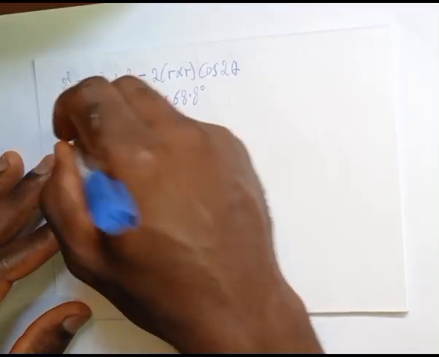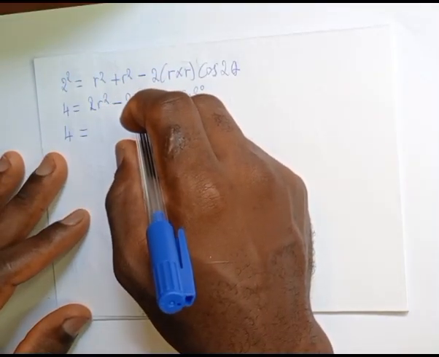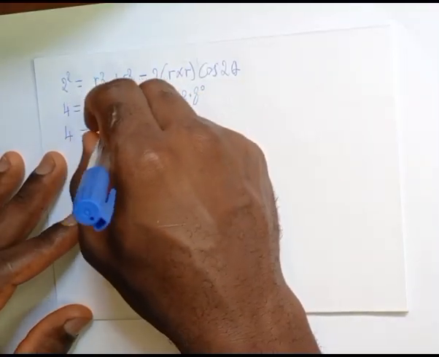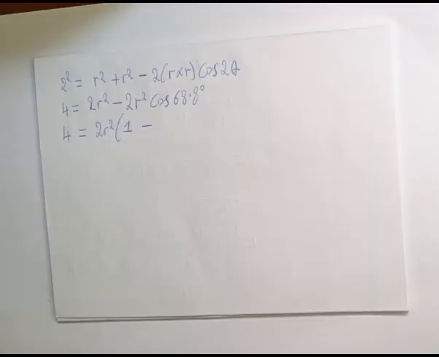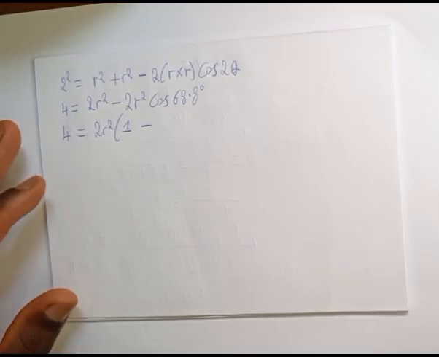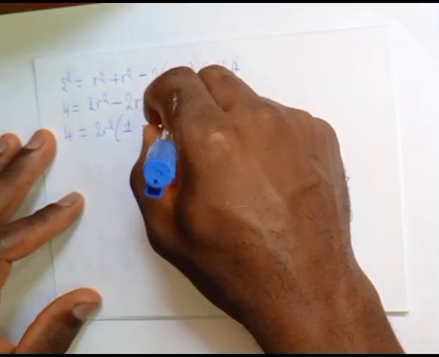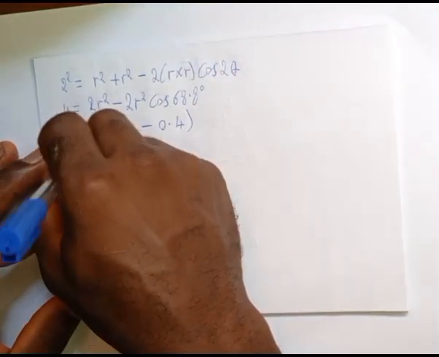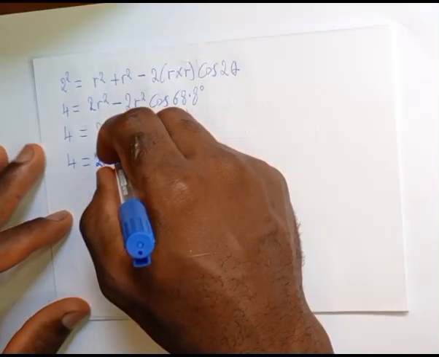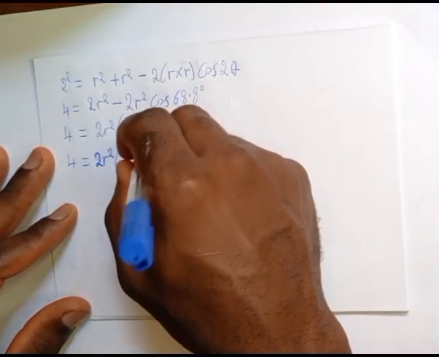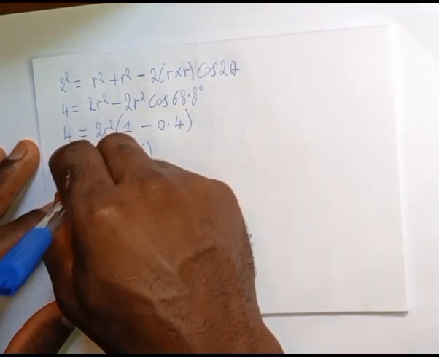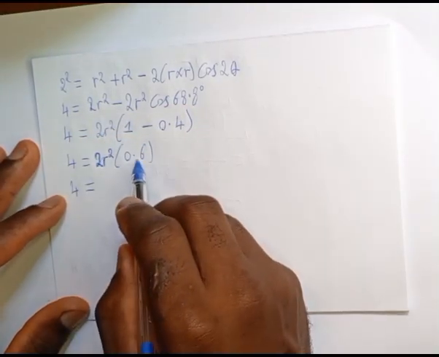This will give us 4 to be equal to, we can factor out 2r squared times 1 minus cos 68.8 degrees, to 1 decimal place, gives us 0.4. 4 will be equal to 2r squared times 1 minus 0.4 gives us 0.6. 4 will be equal to 2r squared times 0.6.